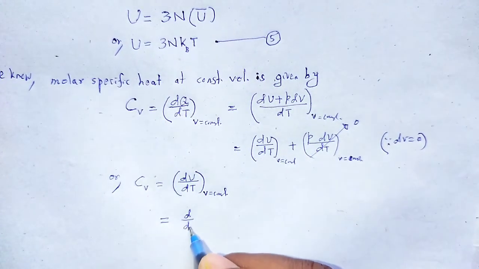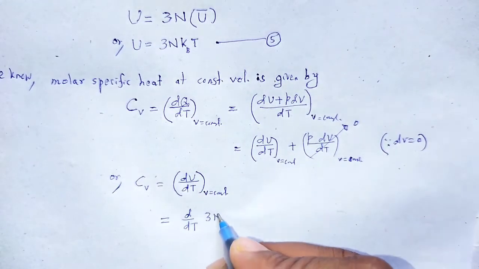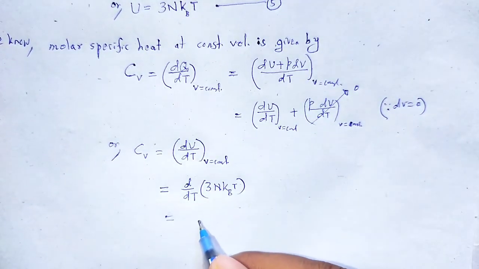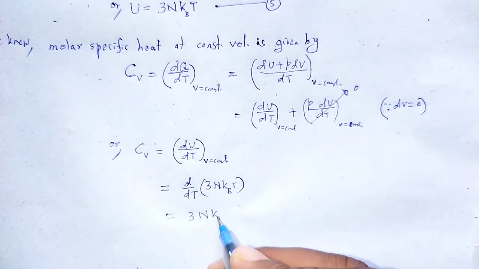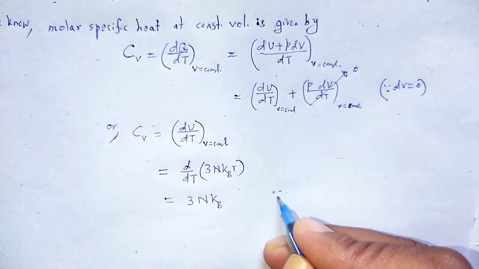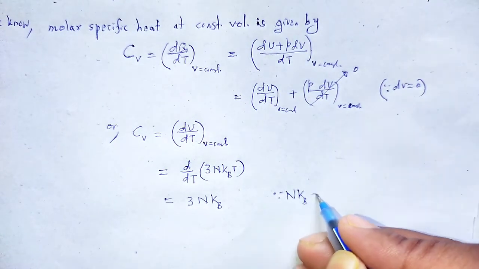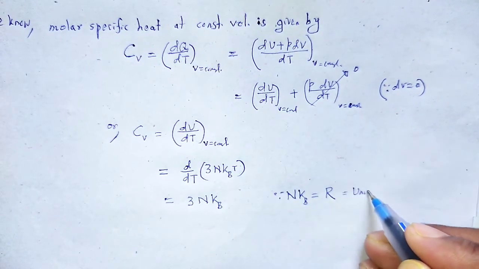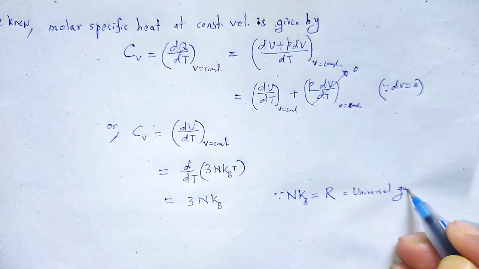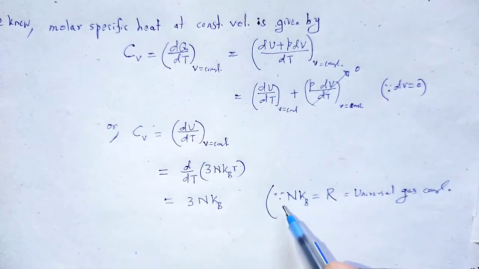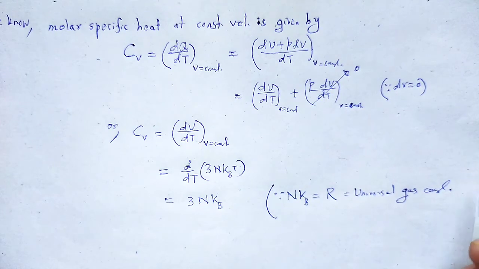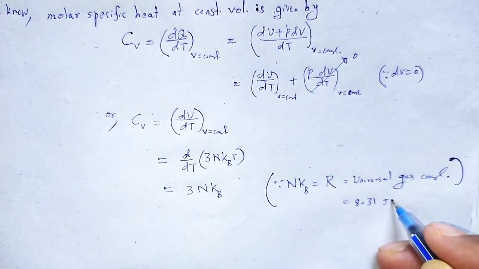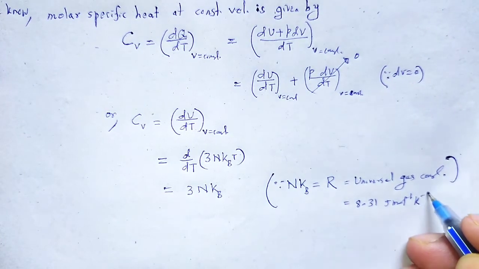So d by dT of 3n kBT is equal to 3n kB, and n times kB is equal to R, the universal gas constant, and its value is 8.31 joule per mole per Kelvin.